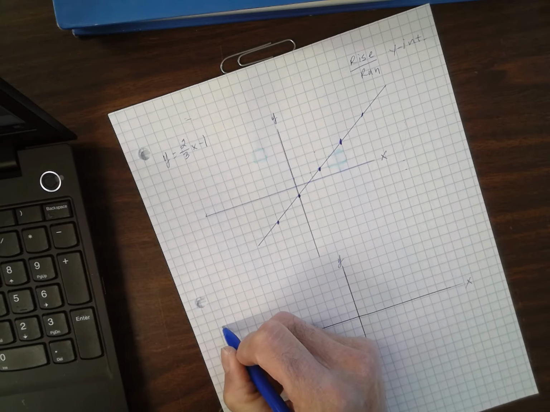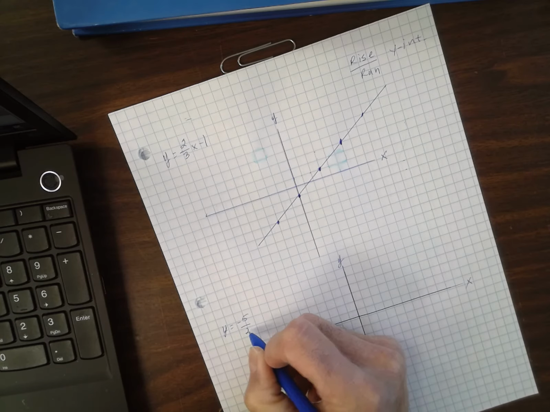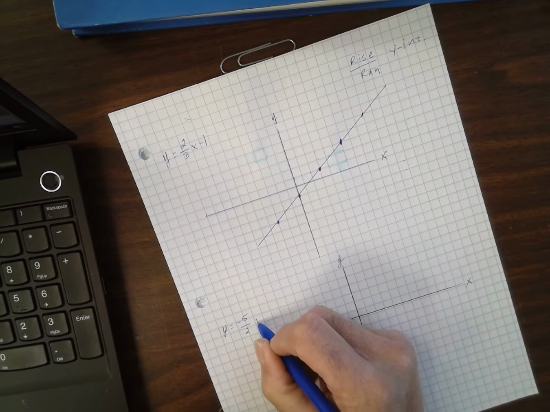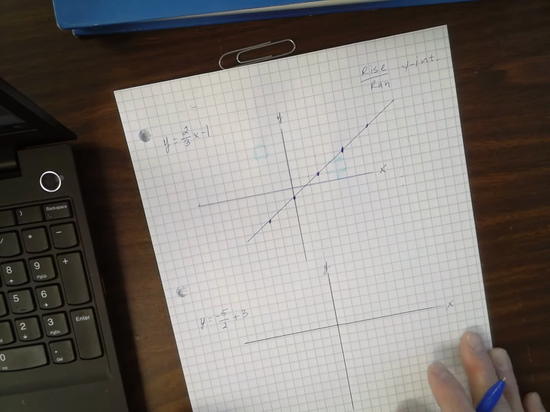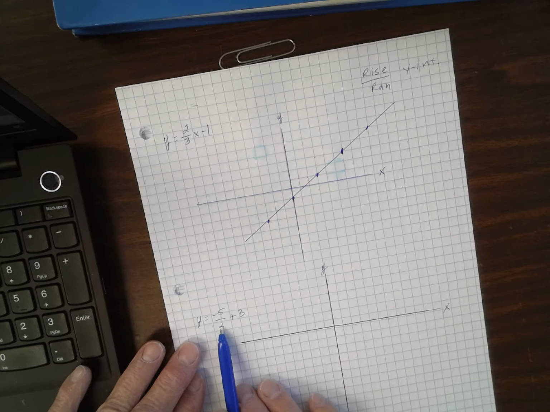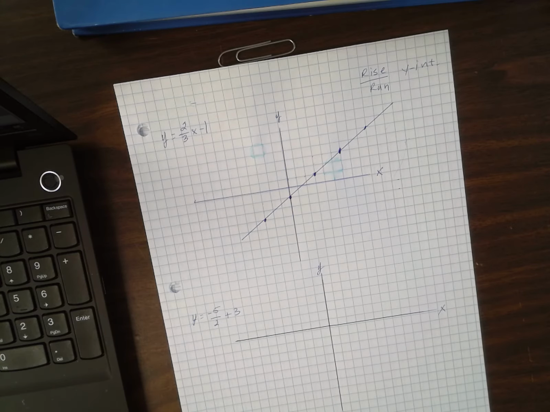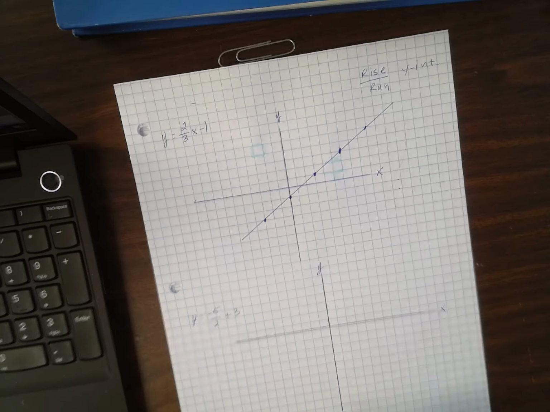The next equation, y equals negative 5 over 2 x plus 3. So this is a negative slope. So when I plot this, instead of counting up, I'm going to count down.